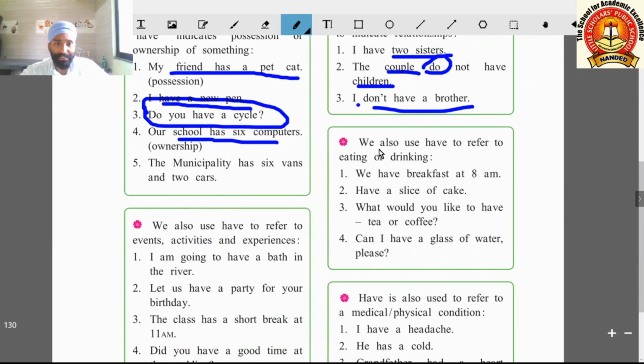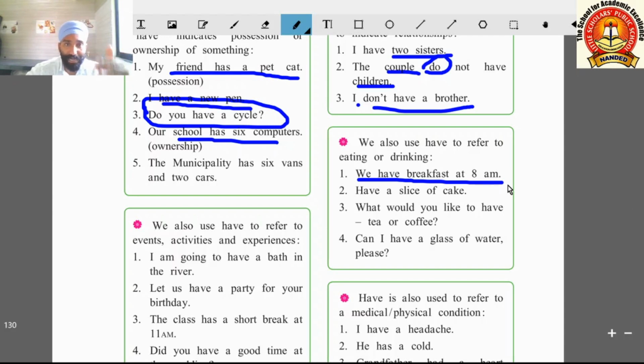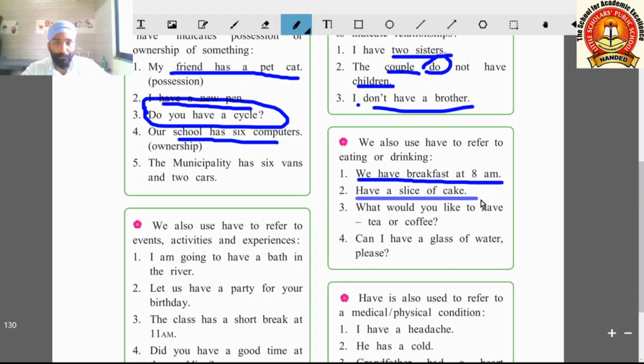Come to the next case, we also use have to refer to eating or drinking. We have breakfast at 8 a.m. This sentence is in simple present tense and shows your daily habit of taking breakfast at 8 a.m. Next sentence, have a slice of cake. This is an imperative sentence.